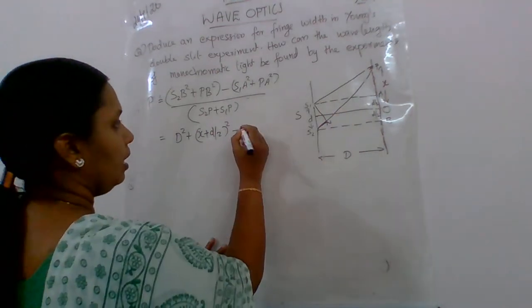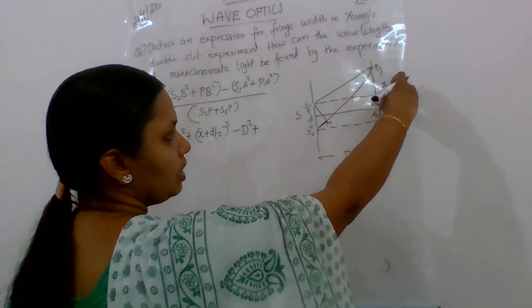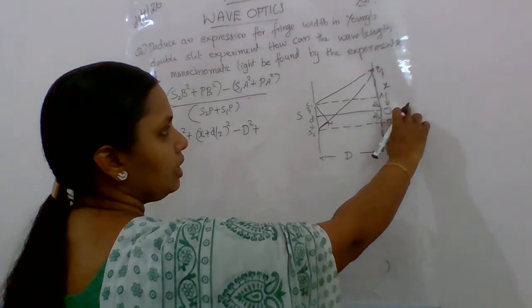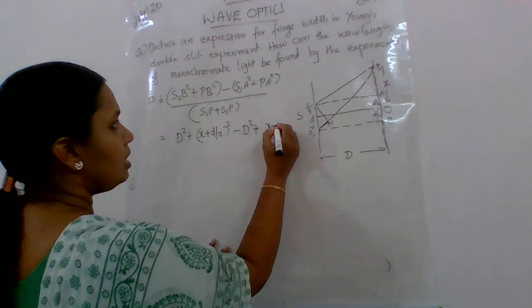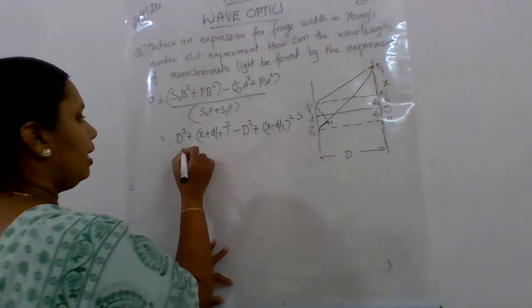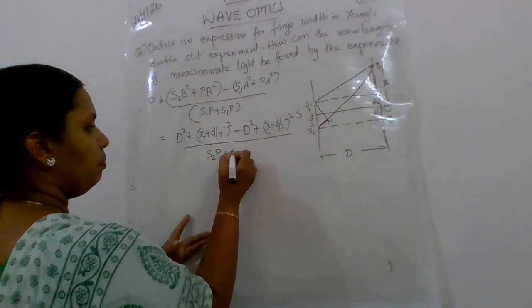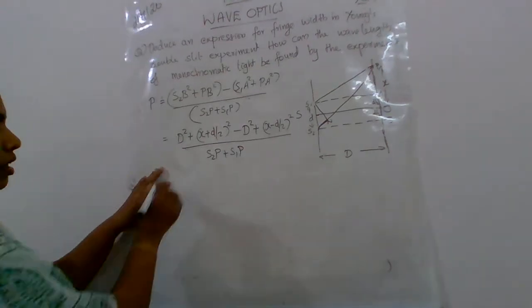What is S1A? D square plus PA square. What is PA square? PO is X and PA is PO minus AO. That is X minus D by 2 the whole square divided by, this we will substitute at last, S2P plus S1P.